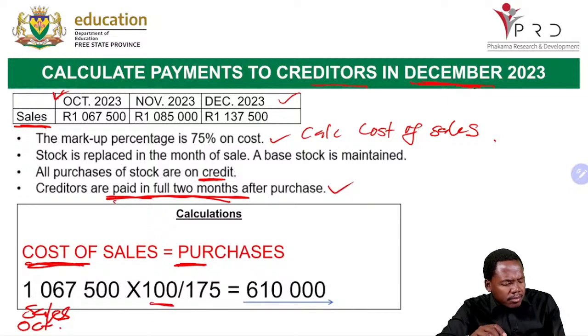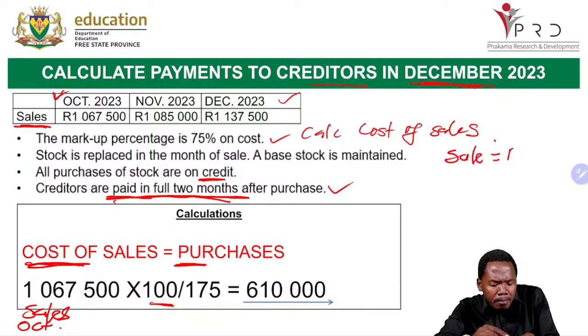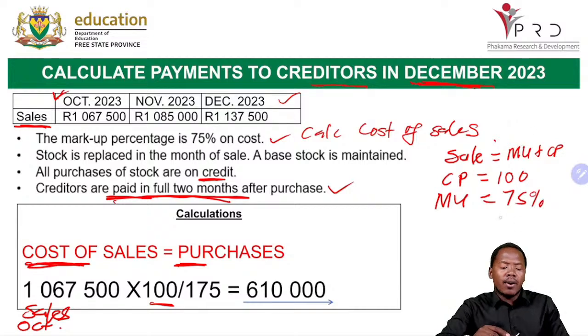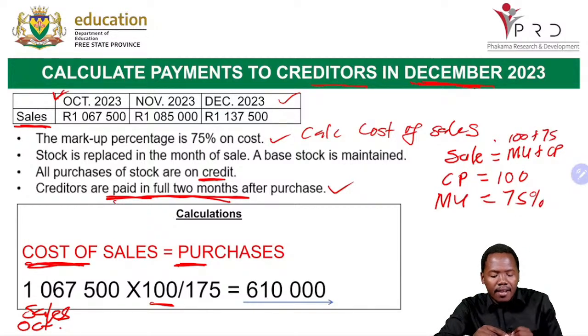Why is it 100 divided by 175? Remember what you learned in grade 9? Sales is markup plus cost price. Cost price is 100%. Markup will be given depending on the business. This time it's given as 75. So how do I get selling price? It is 100 plus 75.